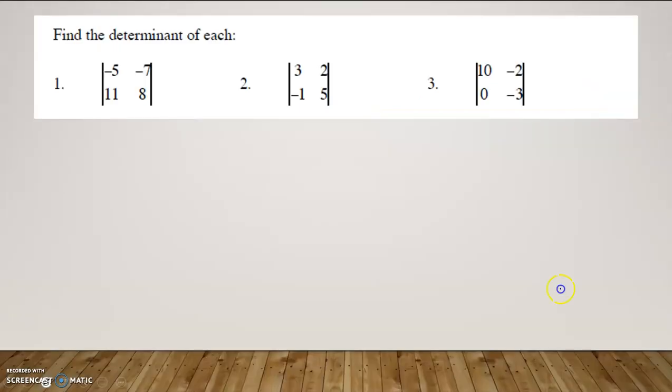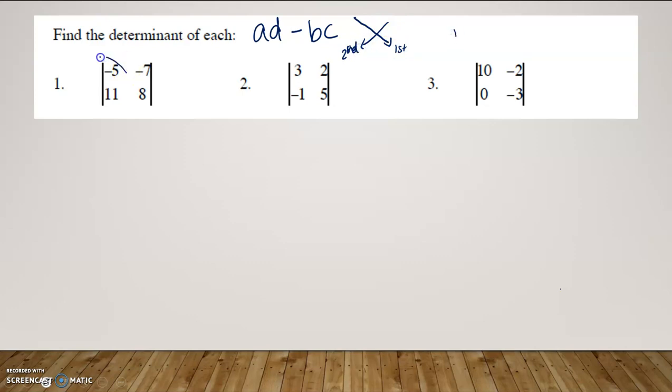So remember, to find the determinant, you're going to take A times D and subtract B times C. So that's first, second.